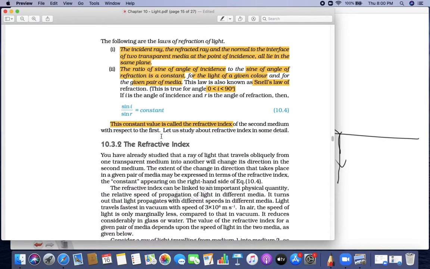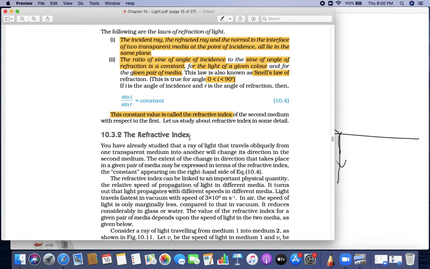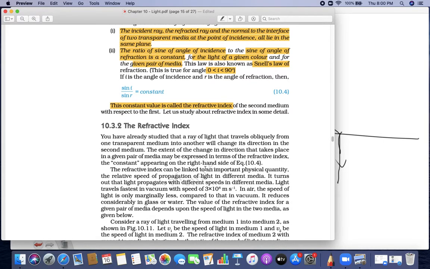See, I'll show you. The extent of the change in direction, that is, how much the light is bending, that takes place in a given pair of media can be expressed in terms of refractive index.